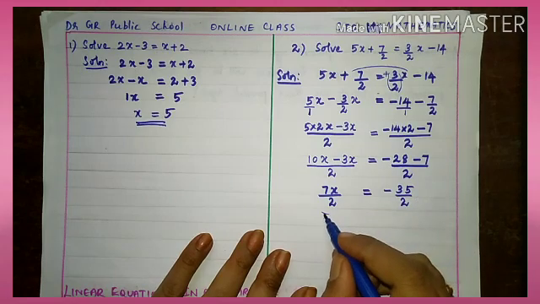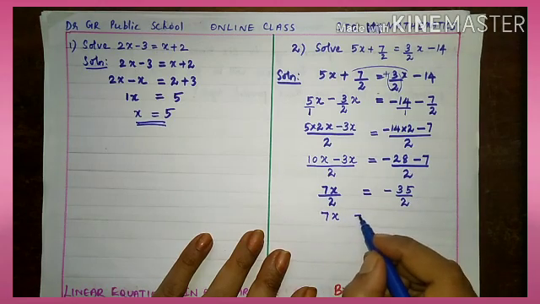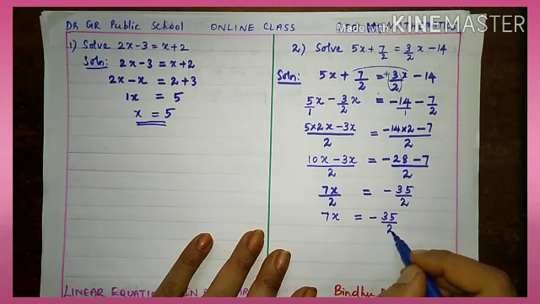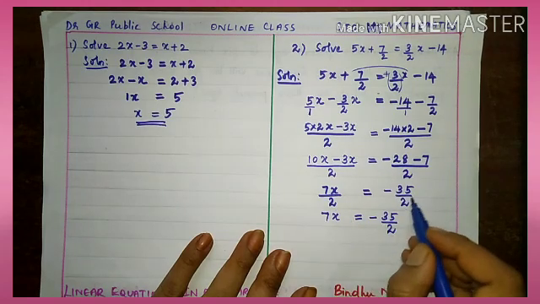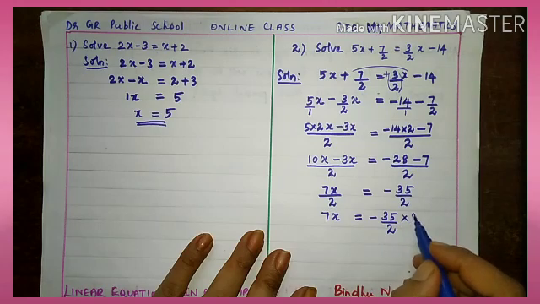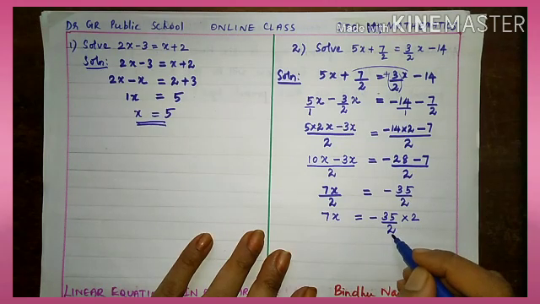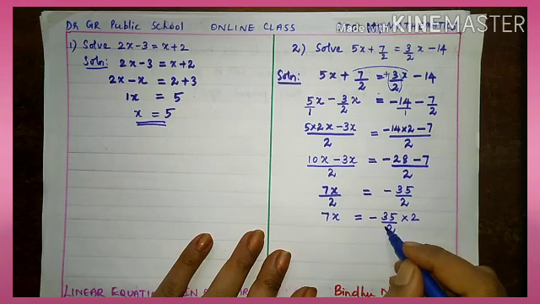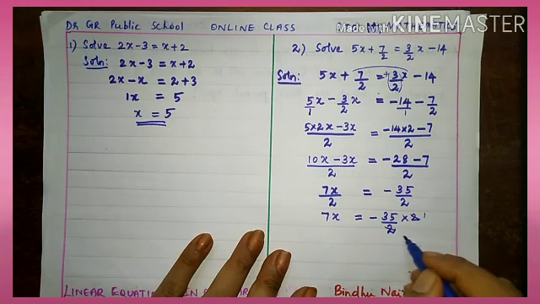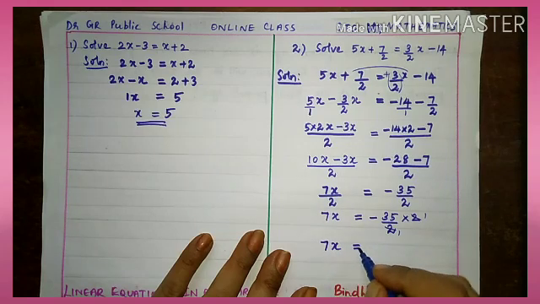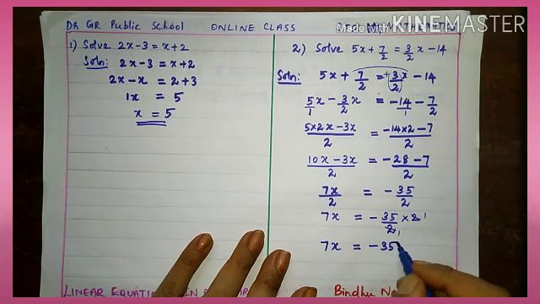So what can we write then? 7x equal to, already there is minus 35 by 2 and this 2 is transposed, becomes into 2. Now you see, this 2 and this 2 we can reduce. 1 2 is 2, 1 2 is 2. So the next step, 7x equal to minus 35.